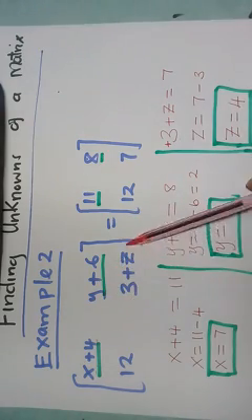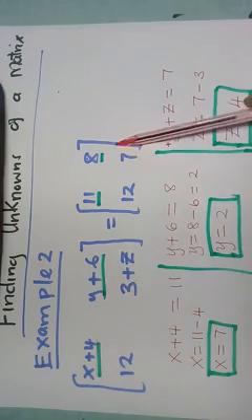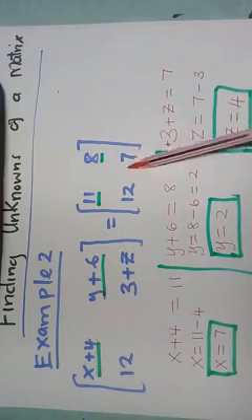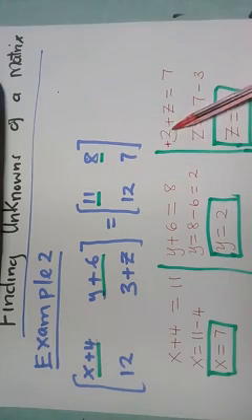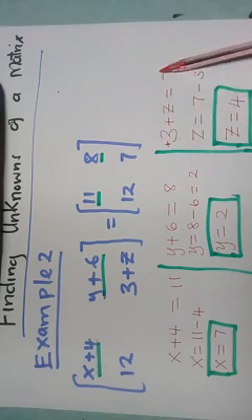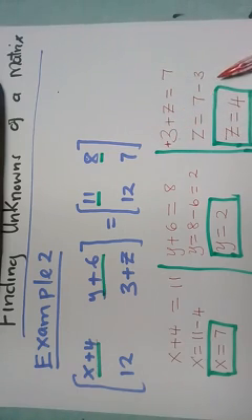You can see that element 2, 2 will coincide with element 2, 2 of this other matrix. Therefore, 3 plus z will be equal to 7. If we take 3 to the other side, it means that z is equal to 4. And that's how we determine unknowns of given matrices. Hope you have understood, students.